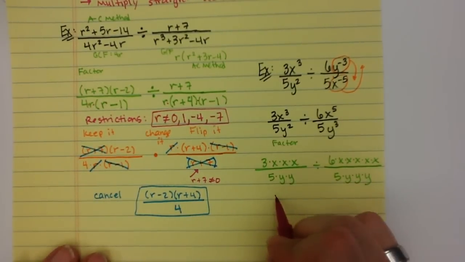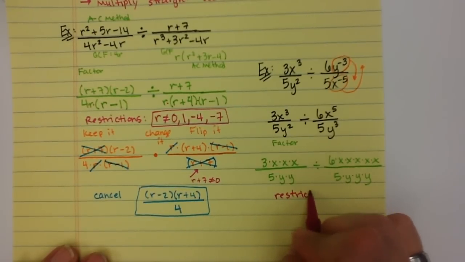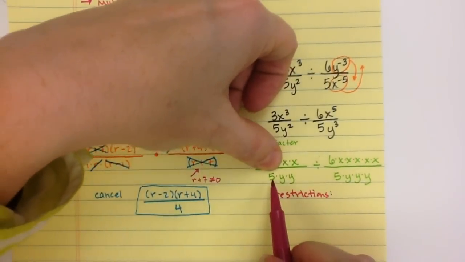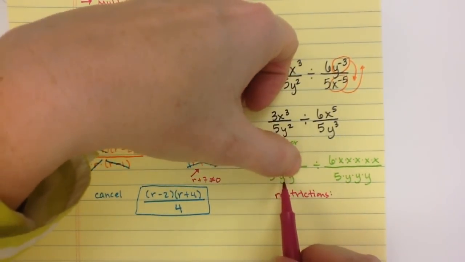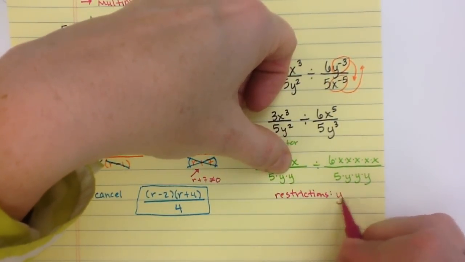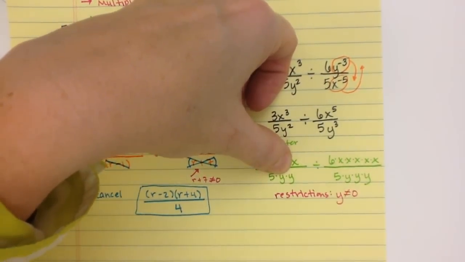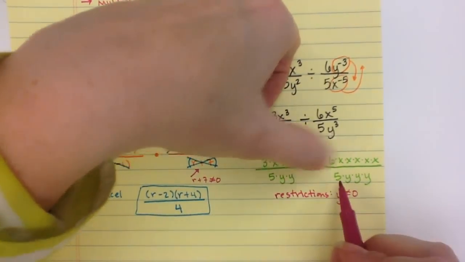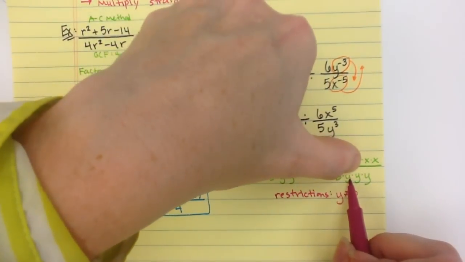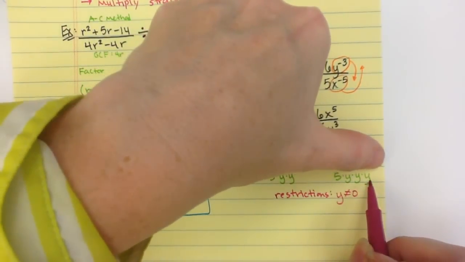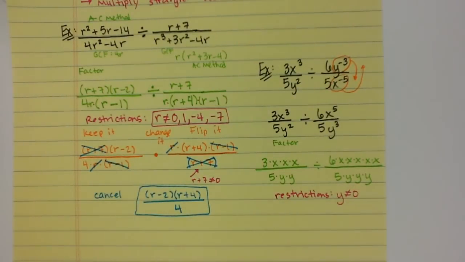So that when we get our restrictions, we don't worry about setting 5 equal to 0, but we do set y not equal to 0. So y cannot equal 0. Don't worry about the 5. So we really only have one restriction right now.